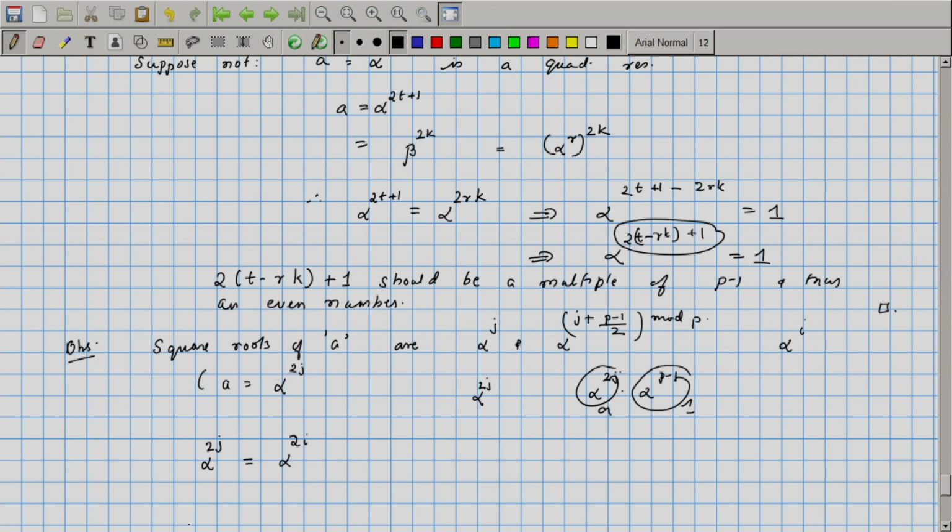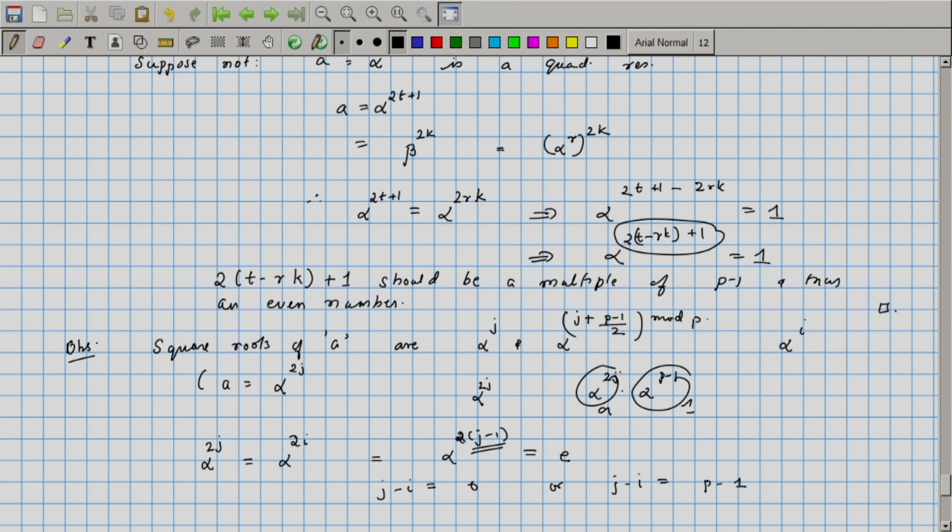And since these are equal, we can conclude that alpha to the 2 times (j minus i) should be equal to identity, it should be equal to 1, and therefore... So, what are the possibilities? So, j minus i should either be 0, or j minus i should be equal to (p minus 1) by 2.